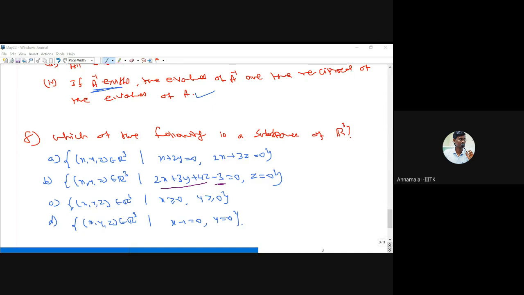A is the subspace. Look at the third option: if we multiply a vector by a negative number, closure under scalar multiplication fails. The last option again, (0, 0, 0) does not satisfy the condition. Therefore, the only subspace is the first option.